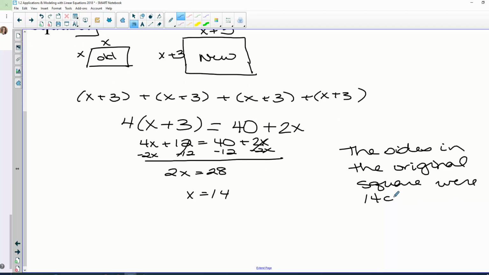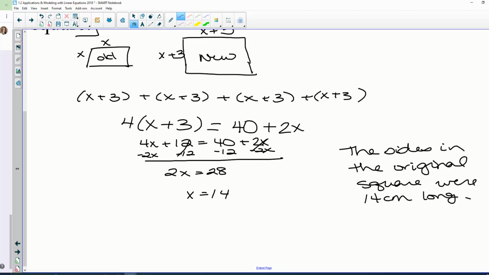Centimeters. 14 centimeters long. Or you could say the dimensions were 14 centimeters by 14 centimeters, or something along those lines.